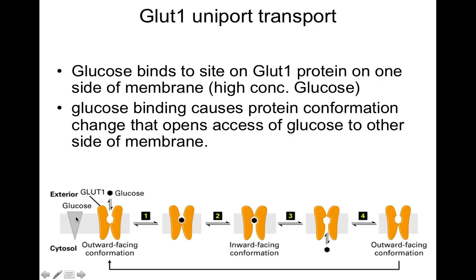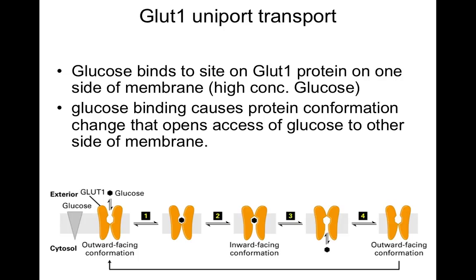And as we can see based off this triangle here, we are showing that glucose is going from an area of high concentration to an area of low concentration. So this is also known as facilitated transport, because this GLUT1 transporter is simply assisting the transport of glucose down its concentration gradient.